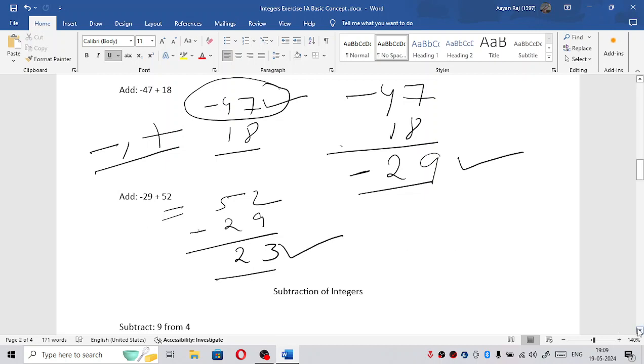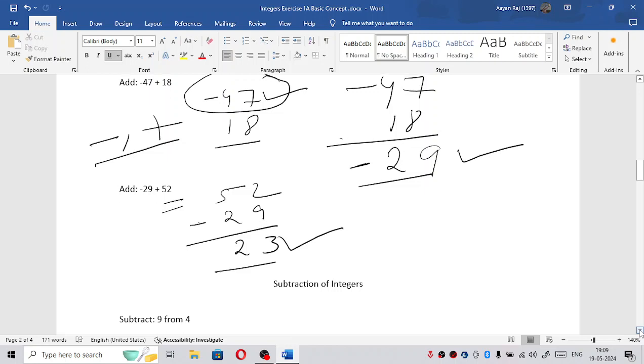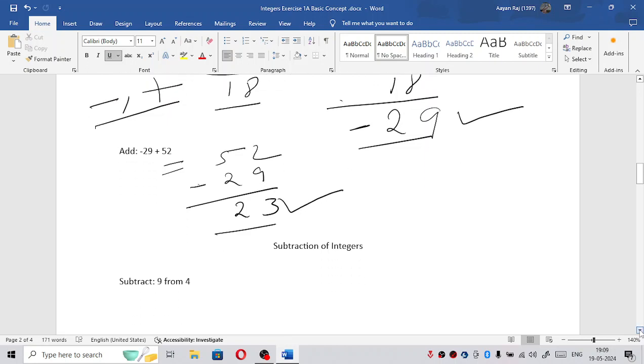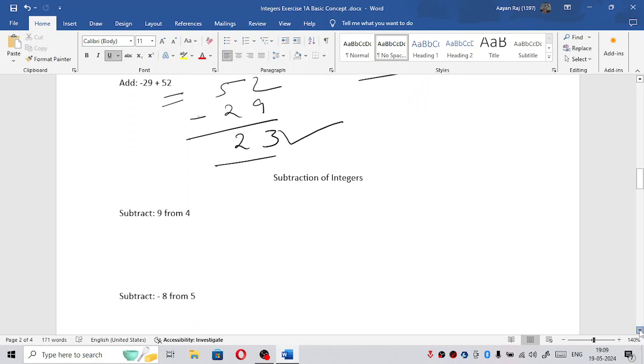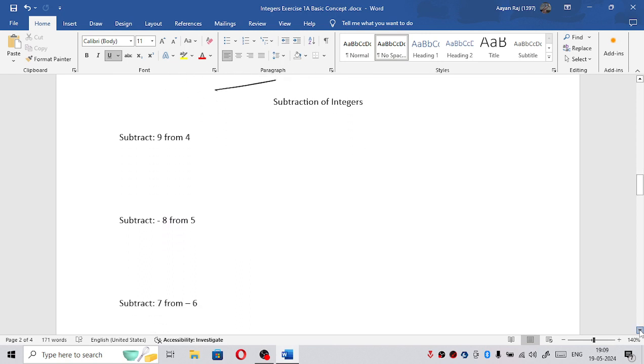Okay. Now we have done some of the questions related to addition. Now let's talk about subtraction. How do we subtract in integers? Here, subtract 9 from 4, both are integers, right?